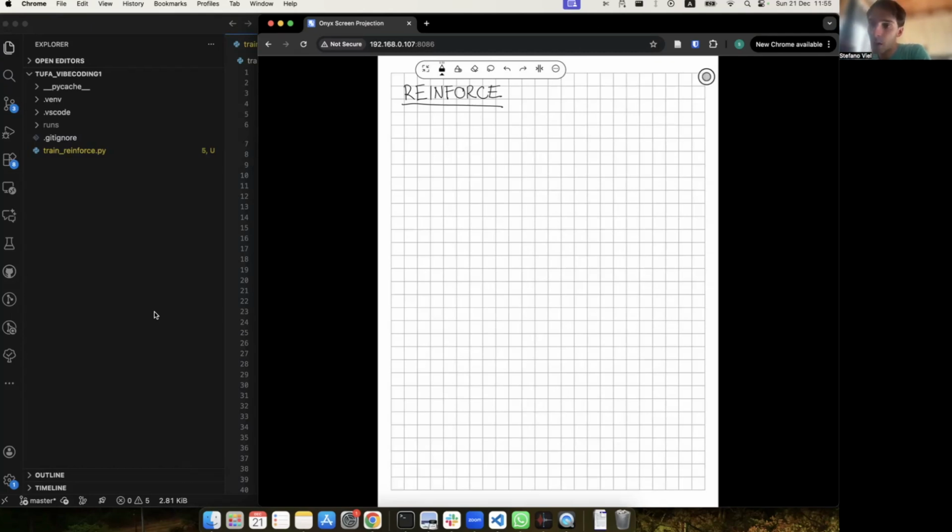All right, so reinforcement learning. I would assume that you're already familiar with what reinforcement learning is. REINFORCE is a policy gradient algorithm, which is different from a non-policy gradient algorithm, for instance, Q-learning, because in Q-learning, the policy is implicit in our Q table or Q function.